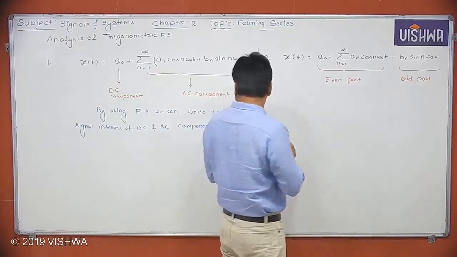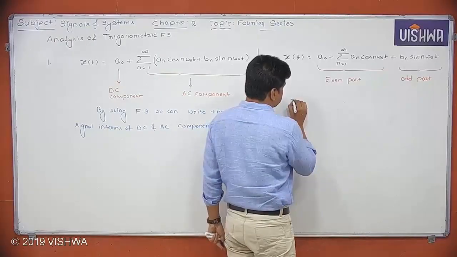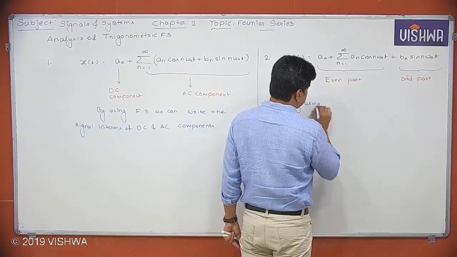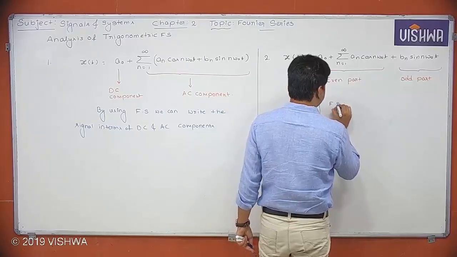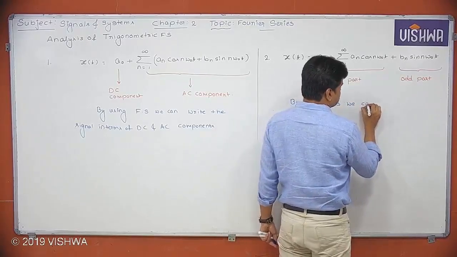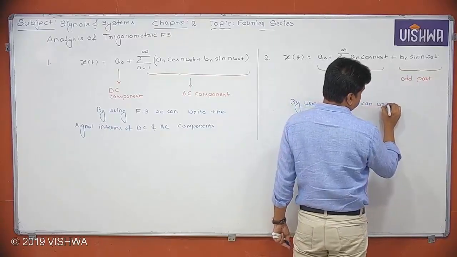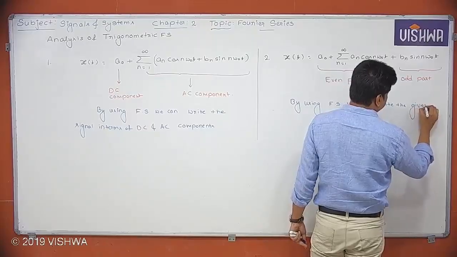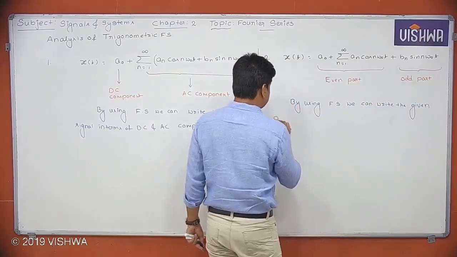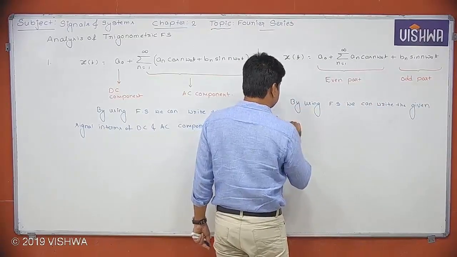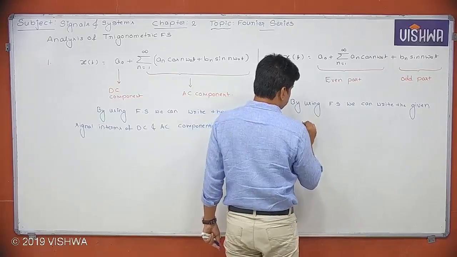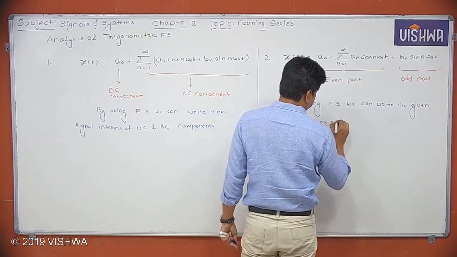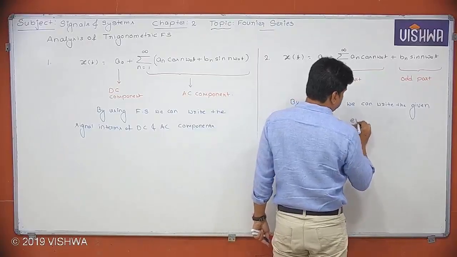So I am writing that point: by using Fourier series, we can write the given signal in terms of even part and odd part.